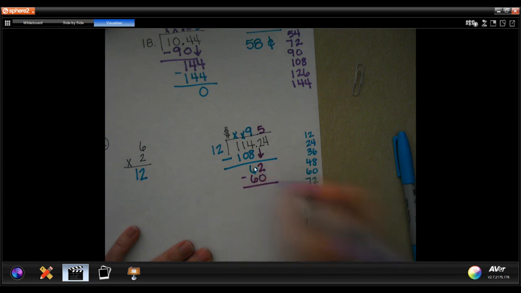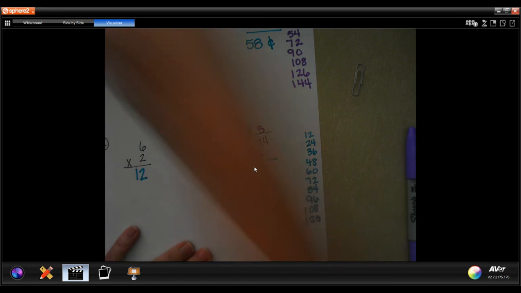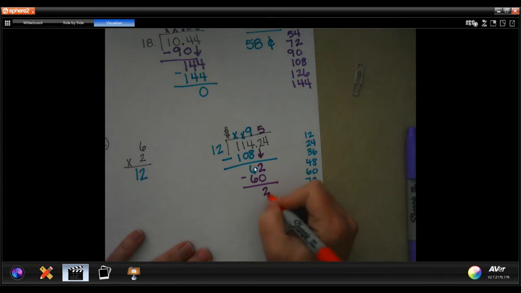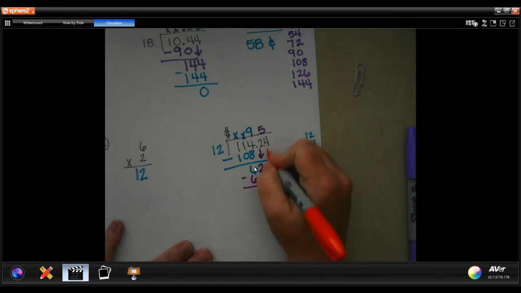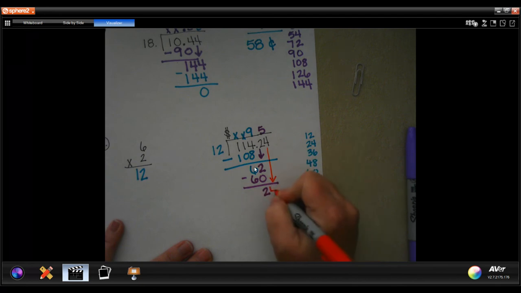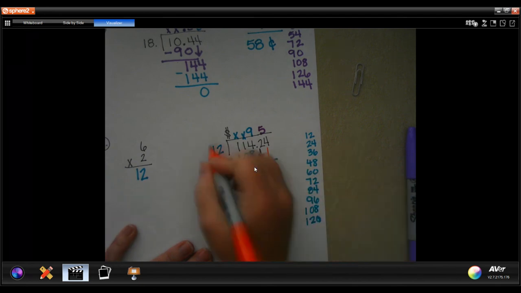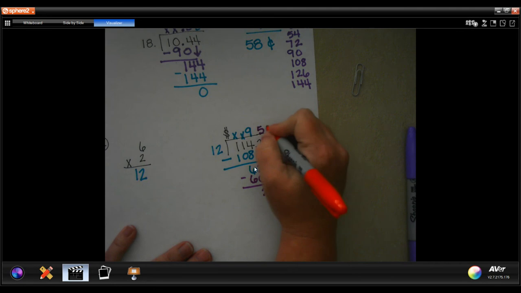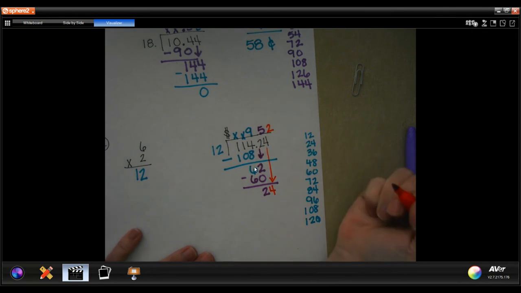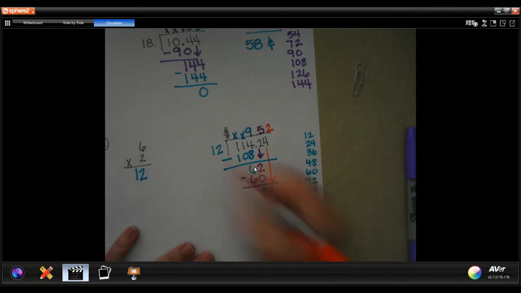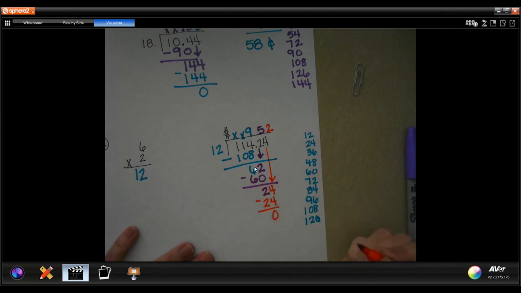I subtract. I get 2. Okay. Now, 2 is definitely smaller than 12. So I can bring down my 4. And 12 goes into 24 2 times. Okay. 2 times 12 is 24. Subtract, get 0. Okay.